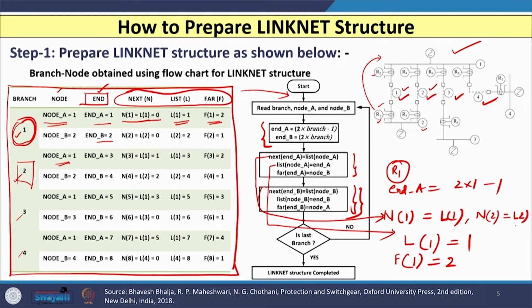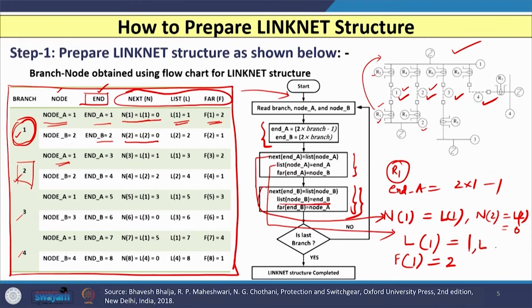So, N2 is equal to L2, and if no values are available we can initialize it as 0. So, you can see I have marked N2 equal to L2 equal to 0.